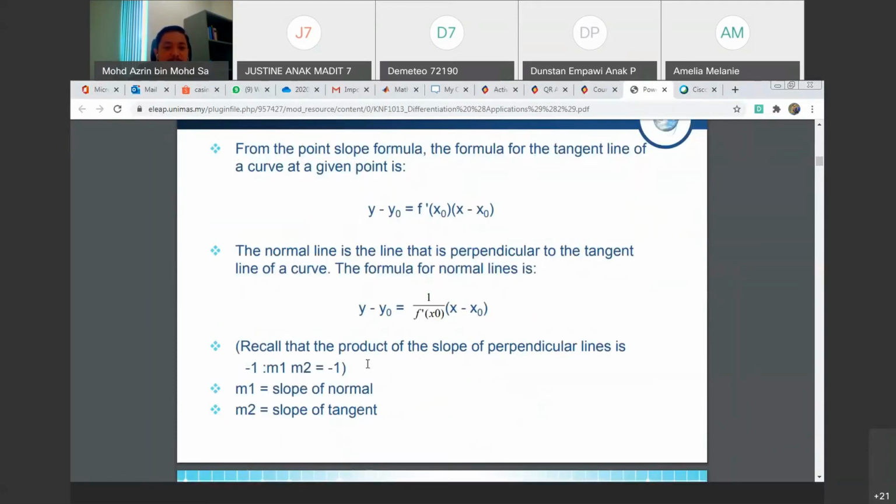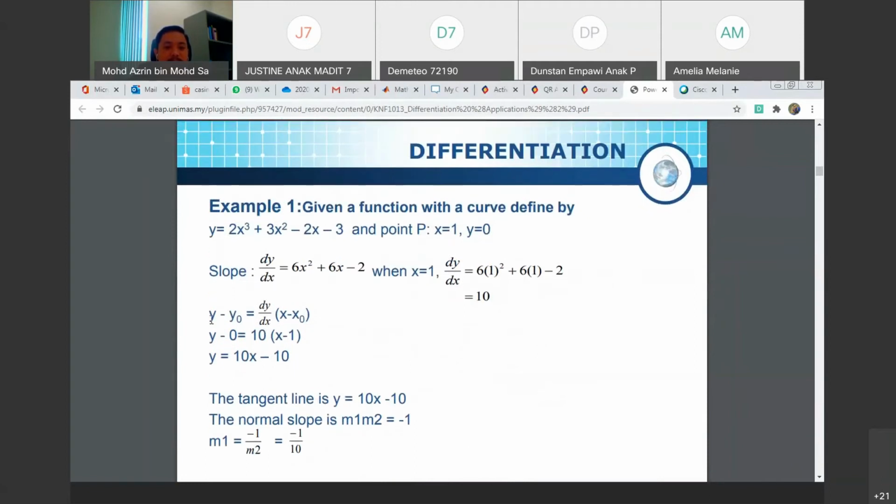So let's insert into the tangent line formula: y minus y naught equal to the slope, dy/dx, times x minus x naught. As we know, y is y, but y naught is 0, so you put 0 here. The slope dy/dx is actually 10, and x is x, and x naught is 1.